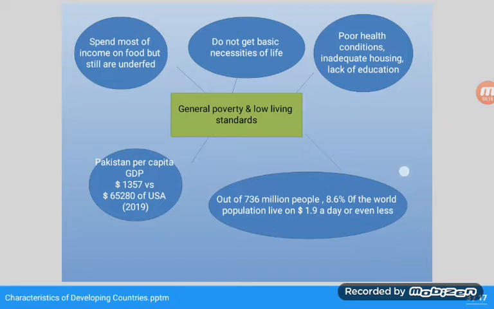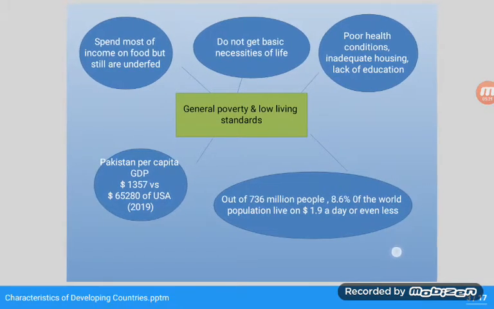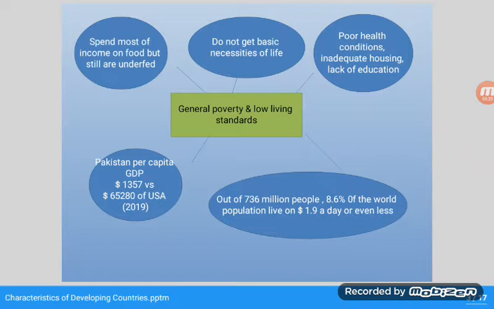Now this is a statistic which shows the situation in the world, that almost 8.6% of people in the world are living in general poverty, and their living standards are very low. How can we say that? Their per day earning is almost $2 or even less than that. Now that is a very small amount.